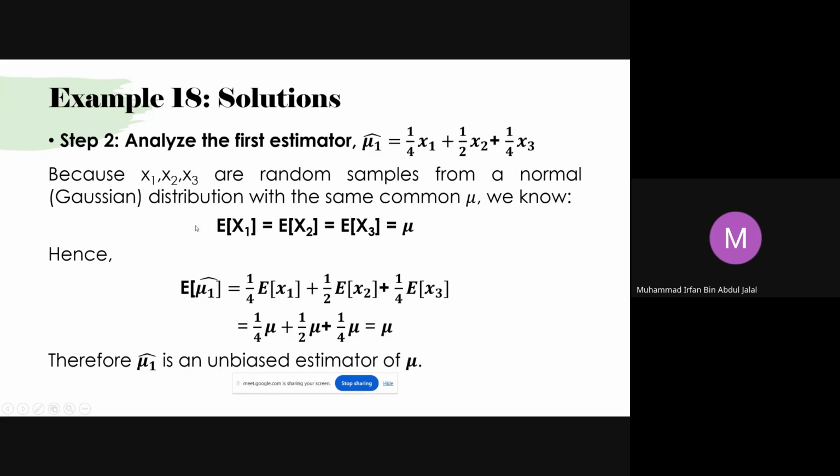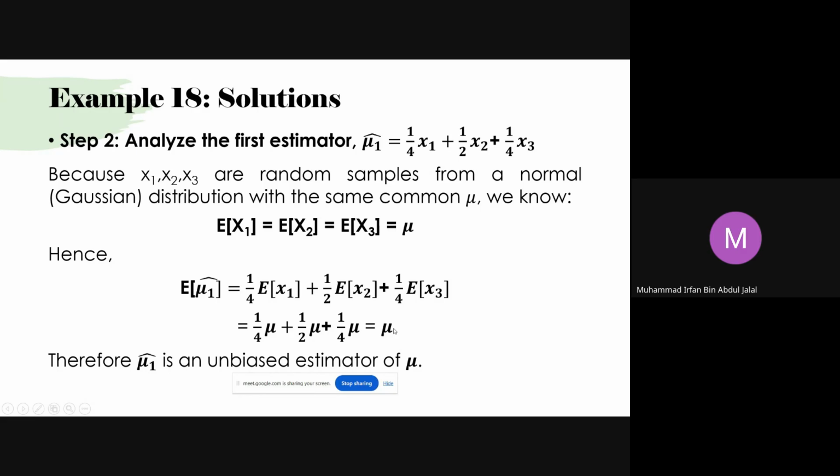Kita tahu the expectation for all these three random variables are the same. So we just substitute that into this one. Dia akan jadi macam ni, 1/4 of mu, plus 1/2 of mu, and plus 1/4 of mu equals mu.